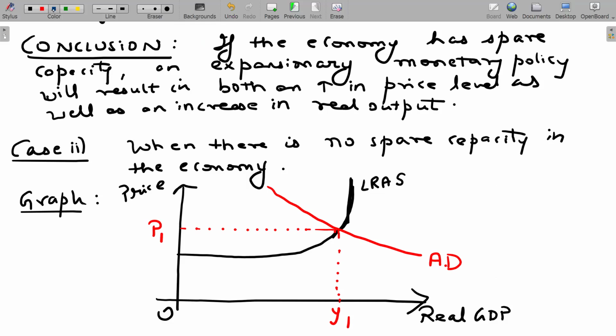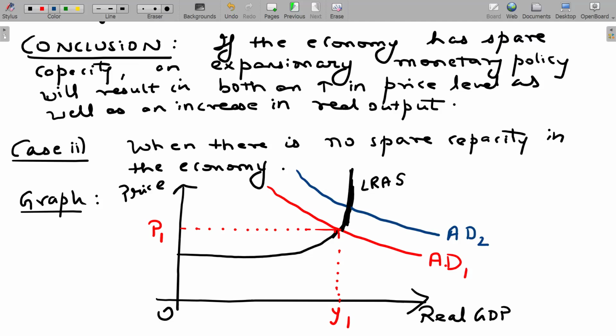So students can see that now an expansionary monetary policy will shift the AD curve again from AD to AD2. Let's say this was AD1. You can clearly see that since we are now on the vertical portion, there is hardly a change in the output.